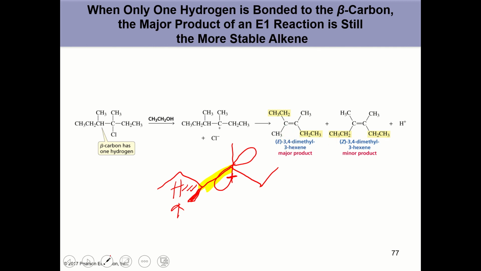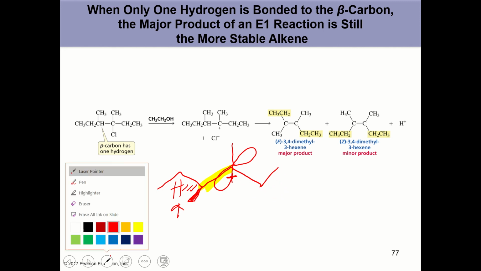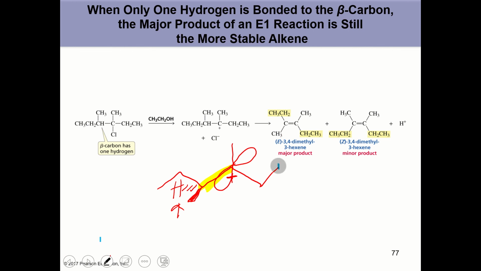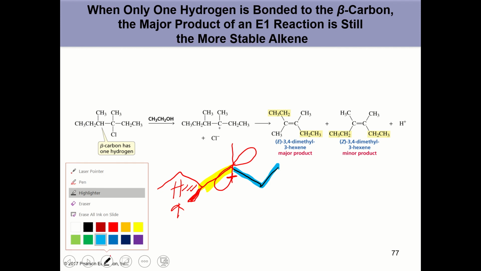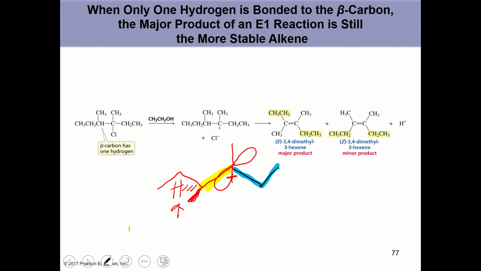And it depends on the orientation of the largest groups. So what are the largest groups, ethyl or methyl, for that carbon?